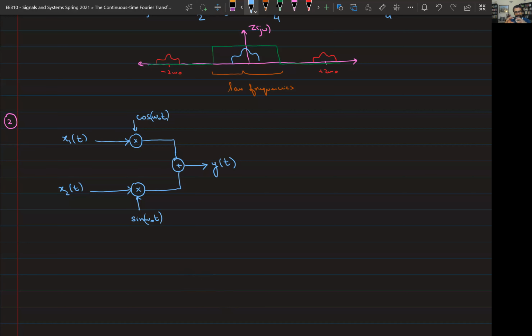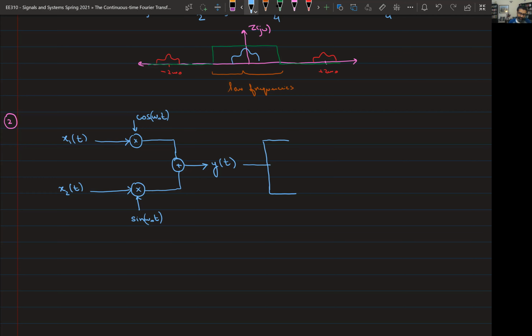But it turns out that there are certain properties of the cosine and the sine which allow us to do that. Let's assume there's no noise, and the received signal y of t is exactly what was transmitted. So how do I separate x1 and x2? I need to recover x1 and x2 separately.